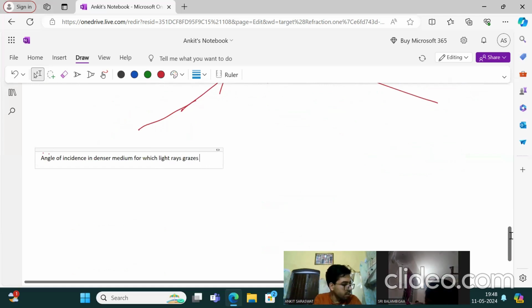grazes along the surface. You can write R is equal to 90 degree after refraction is known as critical angle.